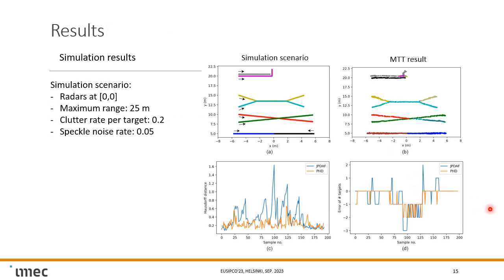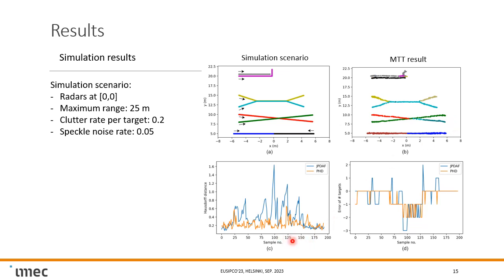And here are some results of the algorithm evaluation. Firstly, we evaluate the algorithm by simulated data. The simulation scenario includes 8 targets with different locations and movements. Here you see the tracking results. What's important here is the stability of the color. The color of the track shouldn't change.